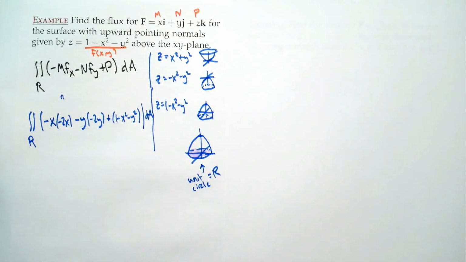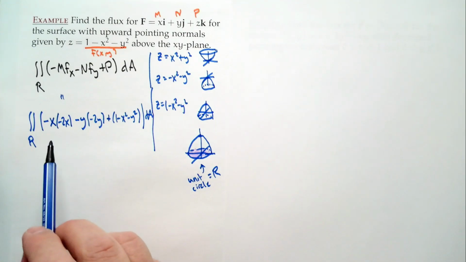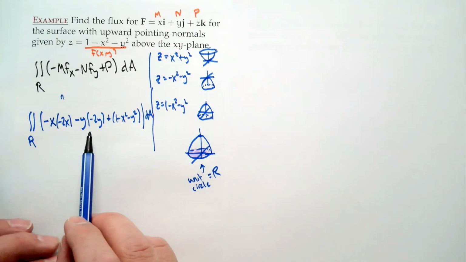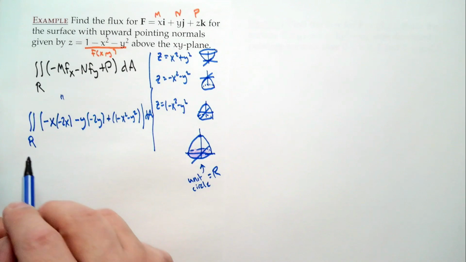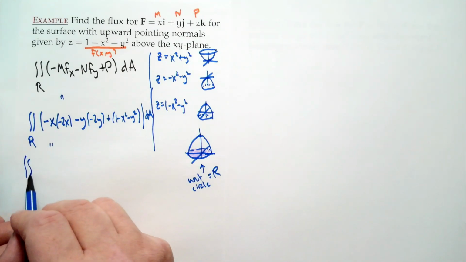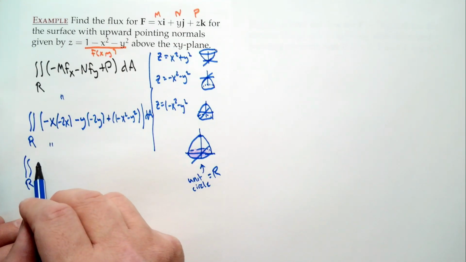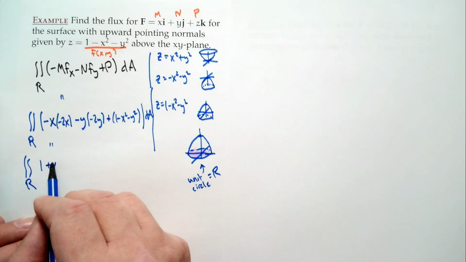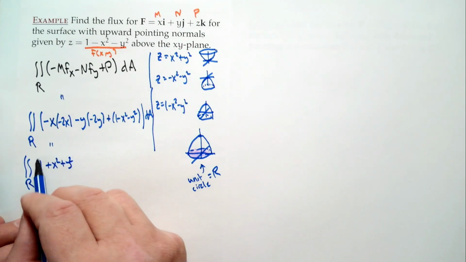There we go. So there's my minus m fx minus n fy plus p. Well, what do we have? We have 2x squared plus 2y squared plus 1 minus x squared minus y squared. So this becomes the integral over our region of 1, and then it'll be plus x squared plus y squared.